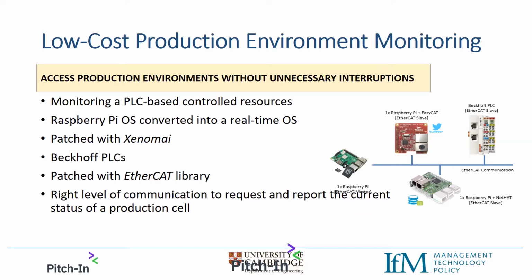As a result, we were able to communicate and give instructions to the PLC in real time for the, say, robot, and also to look at the status of this, having a Raspberry Pi set up as a slave in the network. So this was basically a way to put the right level of communication to request and report what the production cell was doing.